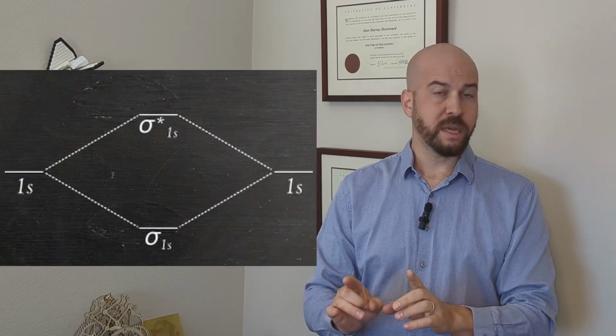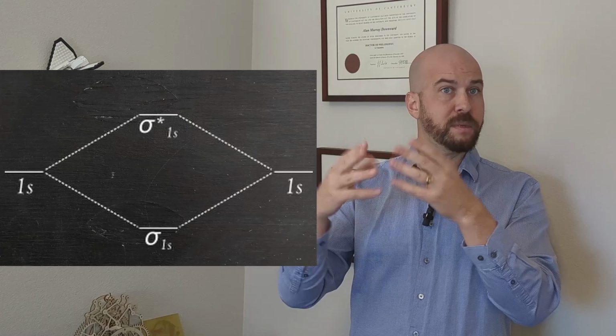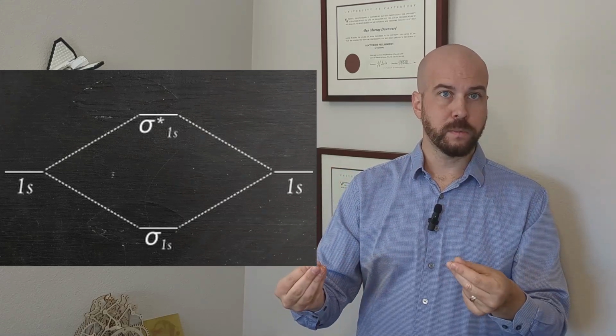This same approach can be used to explain why helium doesn't form compounds. If we were to take 2 helium atoms and try to bond them together, we've only got 1s orbitals to worry about, so we can generate a sigma bonding orbital and a sigma star antibonding orbital.